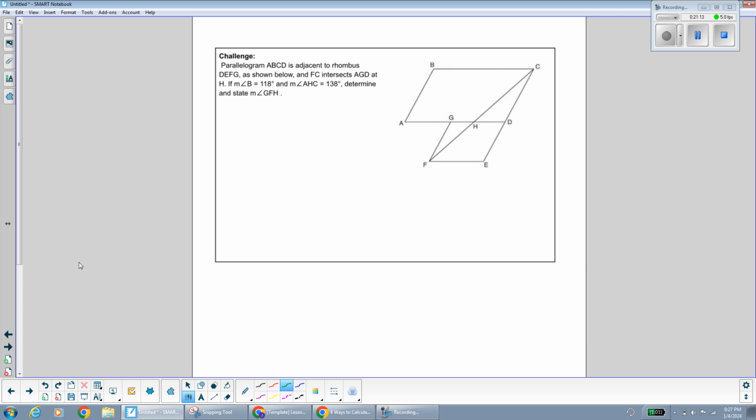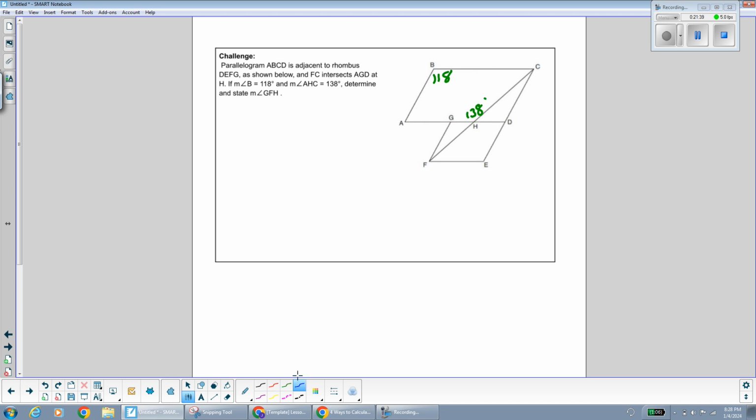We have parallelogram ABCD adjacent to rhombus DEFG, and we're told that angle B is 118 degrees and angle AHC is 138 degrees.